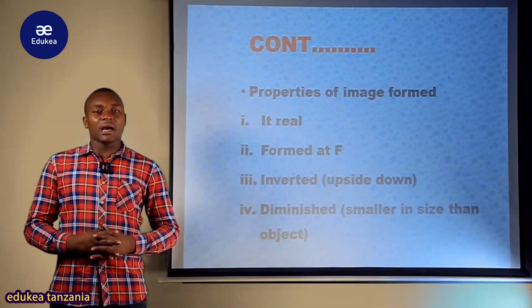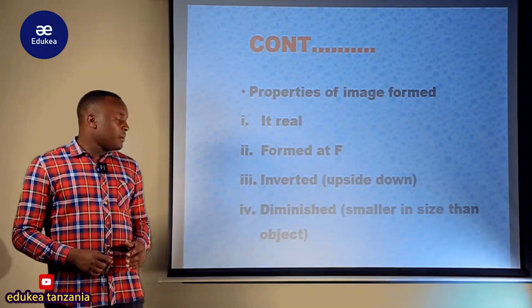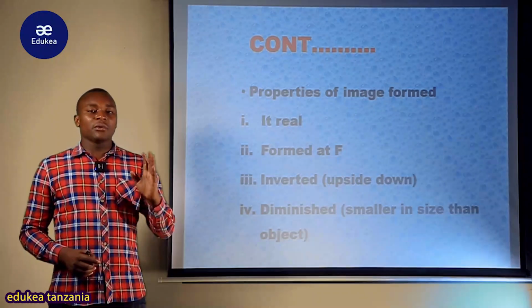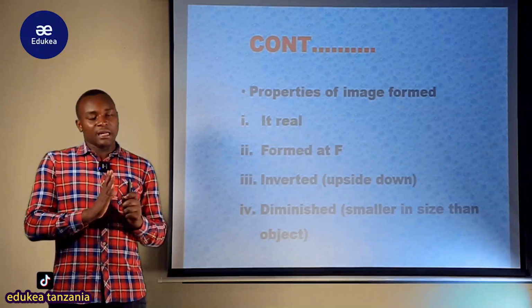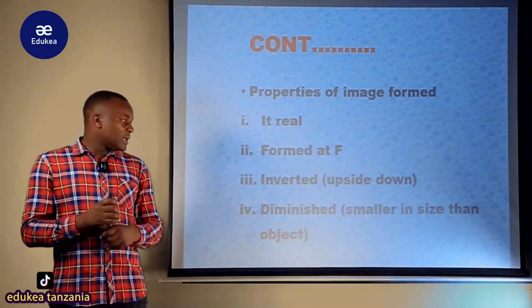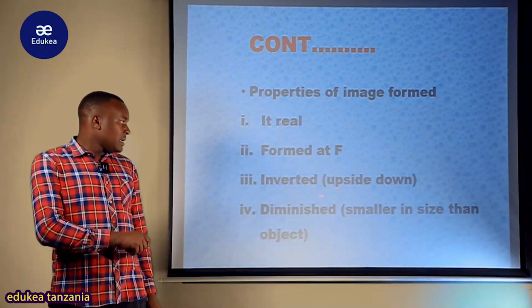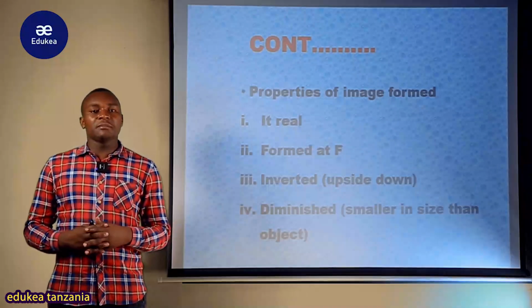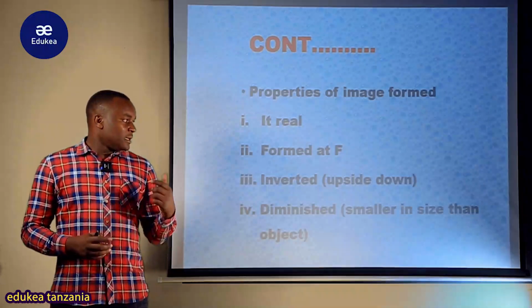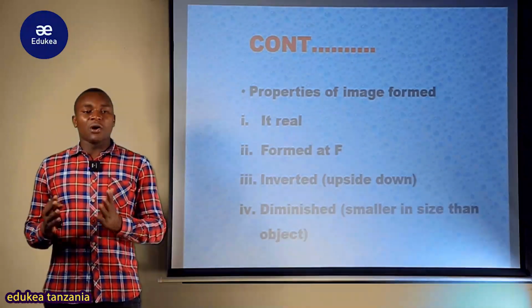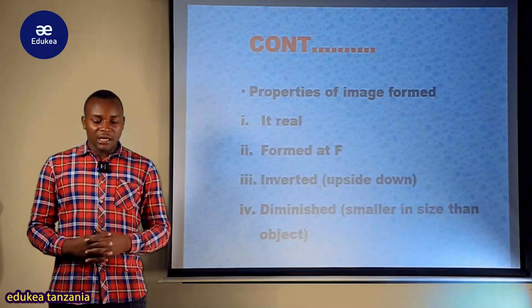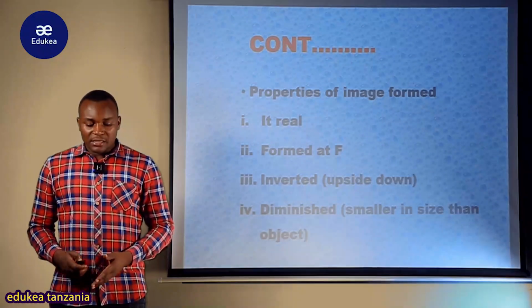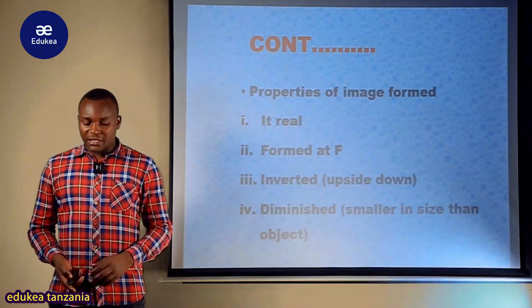Inverted we say it is upside down, kwamba inakuwa imegeuka, kwamba ukiwa na object imesimama inaangalia juu lakini image yake inaangalia chini. That's why you say upside down. But also diminished. Diminished means smaller in size than object, kwamba object ni kubwa kuliko image iliyotengenezwa. That is image at infinity.